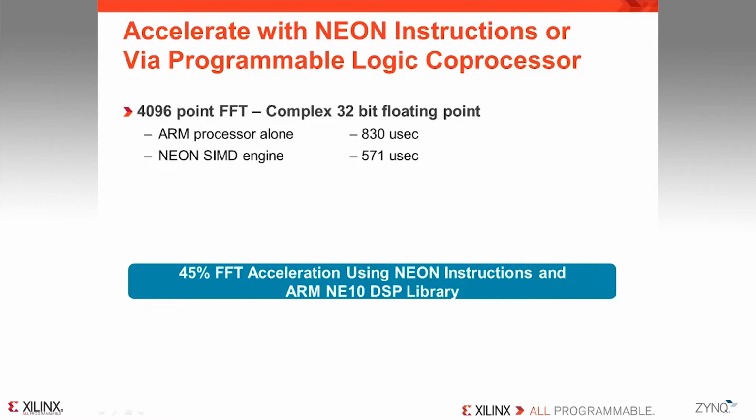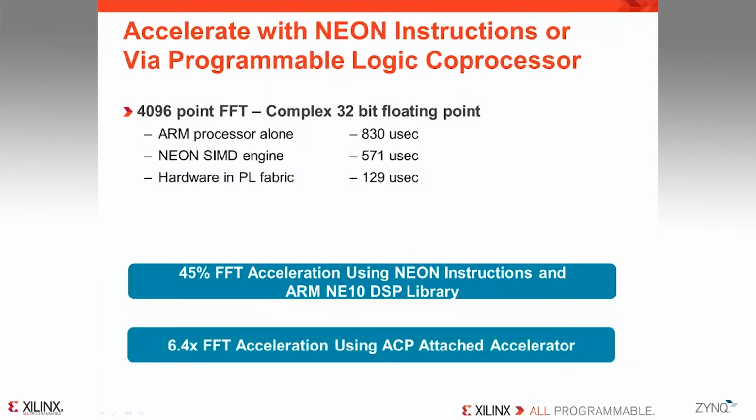And when the processing is offloaded to the programmable logic, the task is completed in 129 microseconds, which is 6.4 times faster. This is as if the 667 megahertz processor is processing the data at the rate of a 4.3 gigahertz processor.